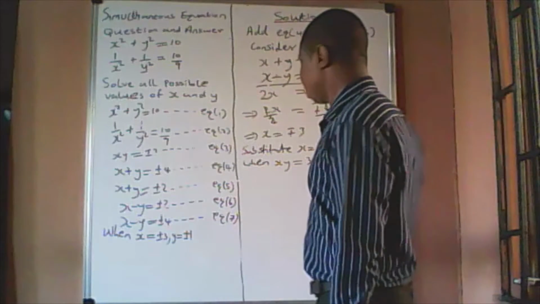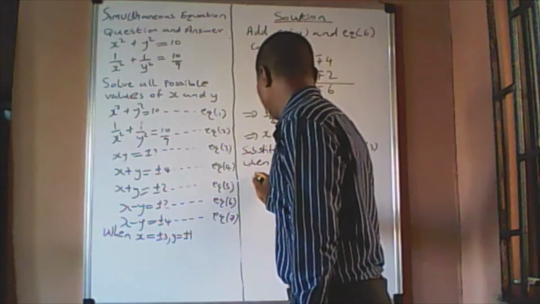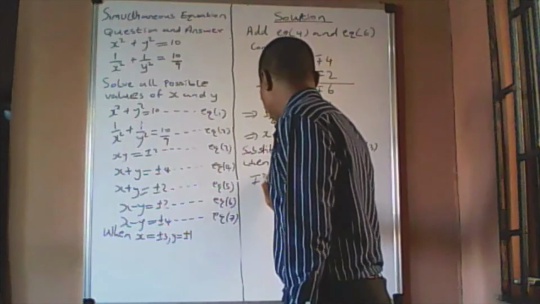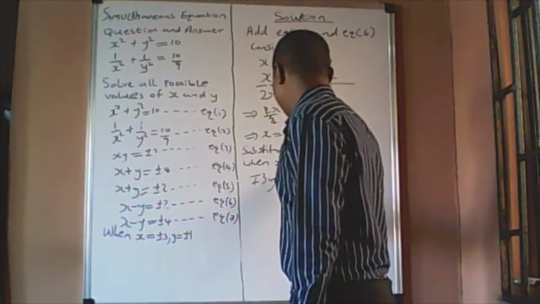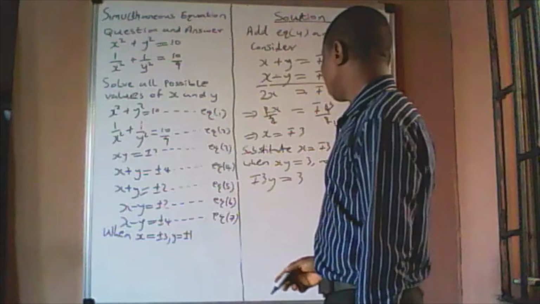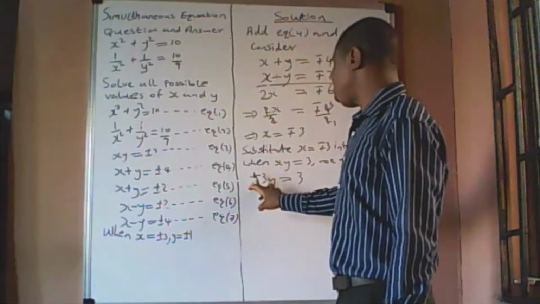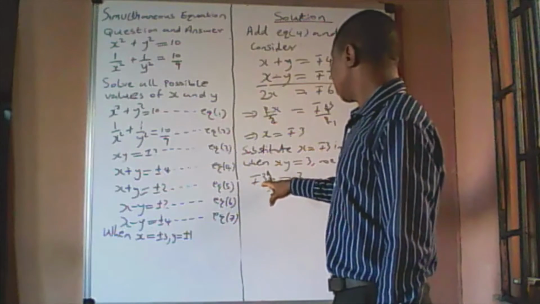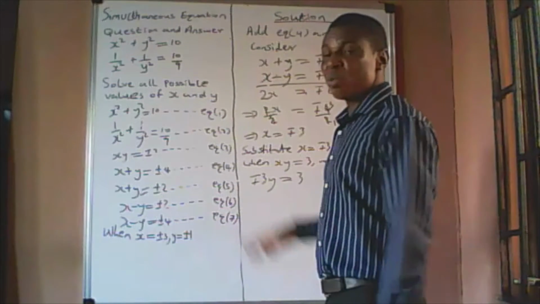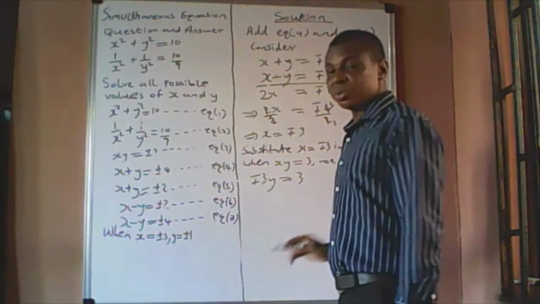We get minus or plus 3y equal to 3. We are going to divide both sides by minus or plus 3.